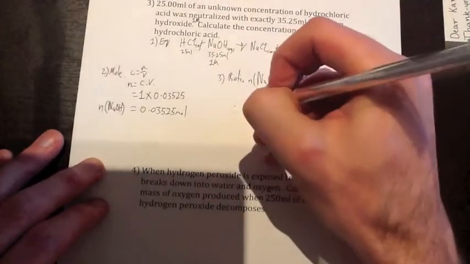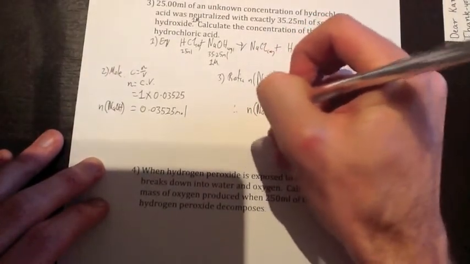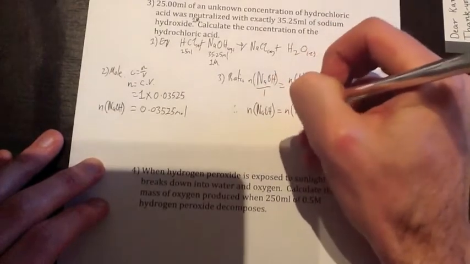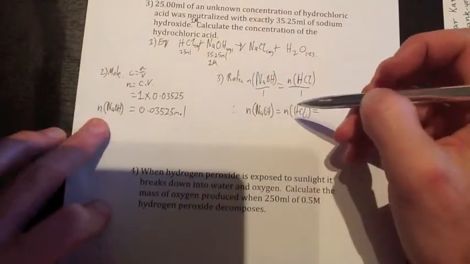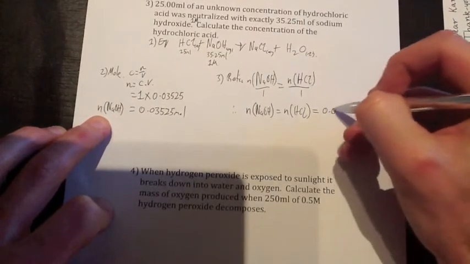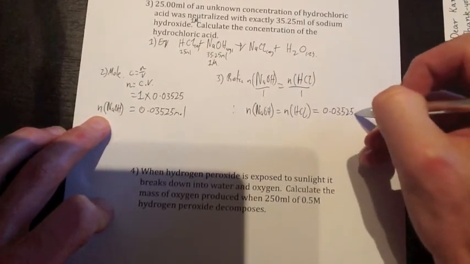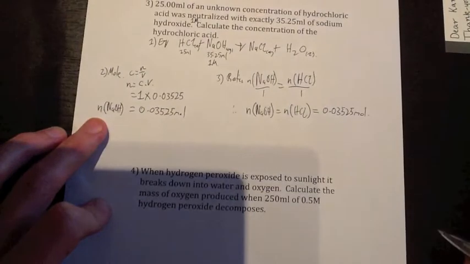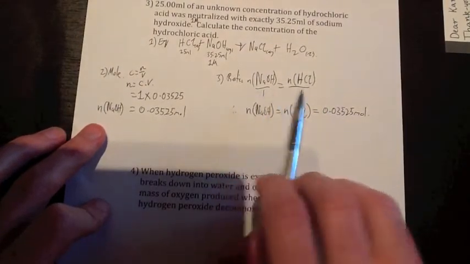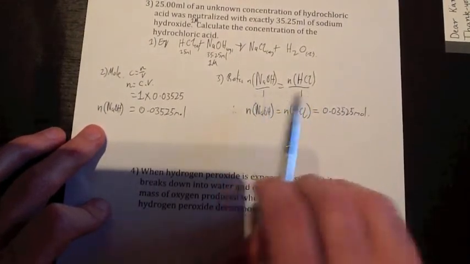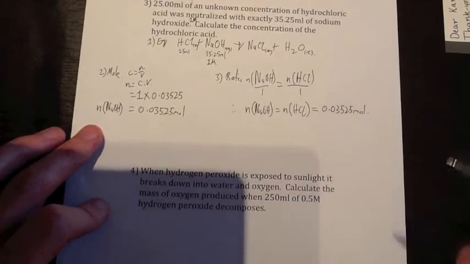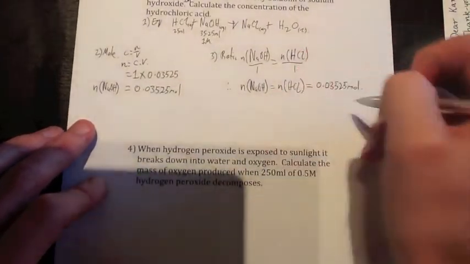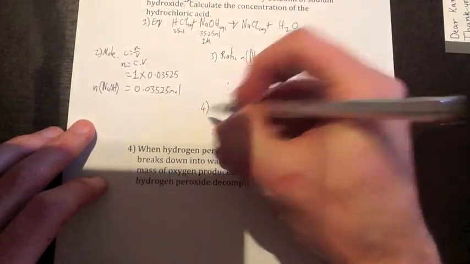So therefore, my number of moles of NaOH is equal to my number of moles of HCl, which is equal to 0.03525 mole. Okay, once again, it's a 1-to-1 ratio. You're very lucky, you got a lot of 1-to-1 ratios here. Hopefully this fourth question is not 1-to-1, so I can explain how that works. Anyway, do what the question asks you to do.